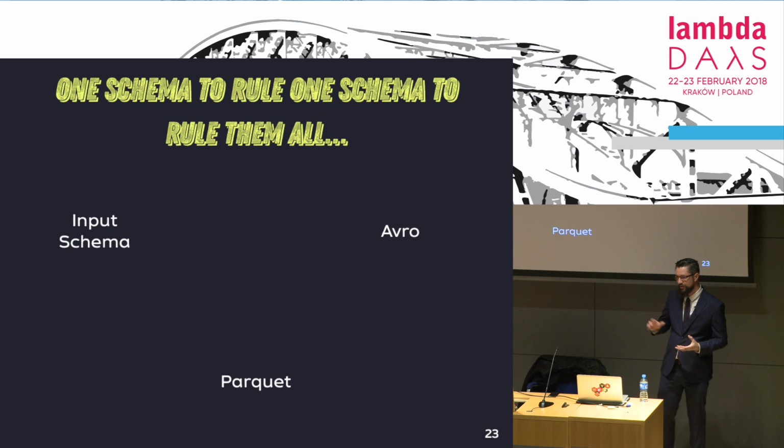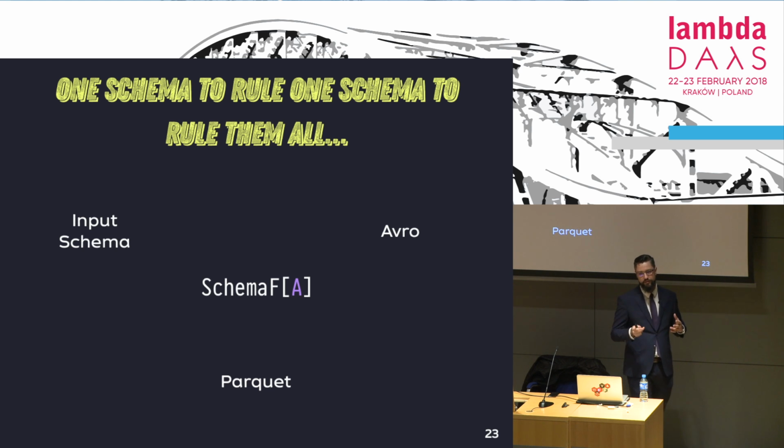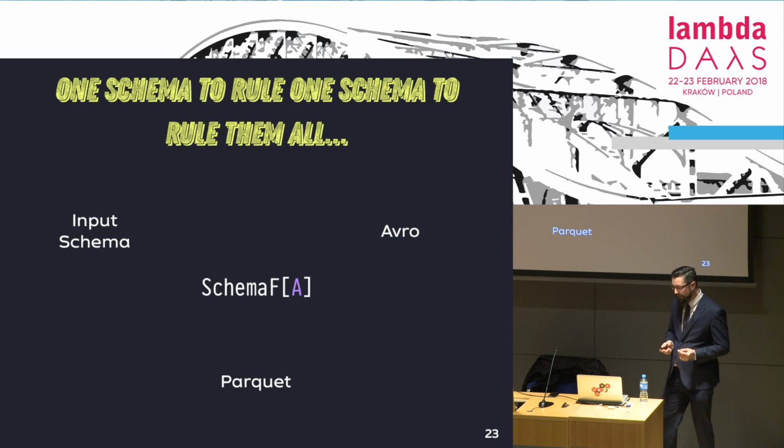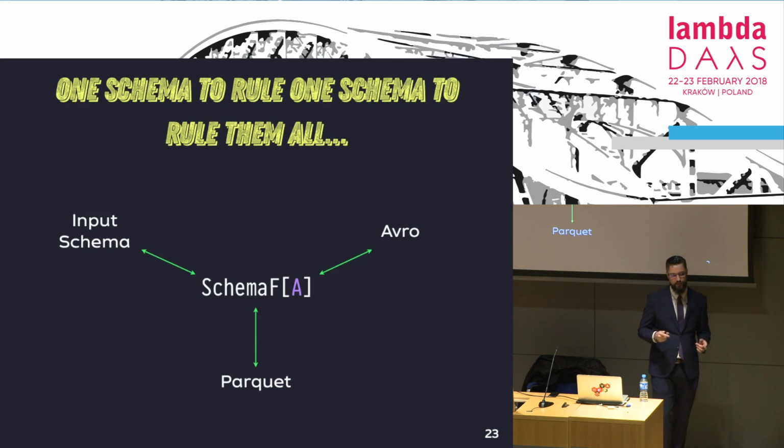So we had a bunch of various schemas and data formats. We had our custom schema. We had Parquet, we had Avro, and we had probably many more. So the first thing we had to do was to define a pattern functor for the schema. And then we just defined a bunch of algebras and coalgebras to go from and to our pattern functor.